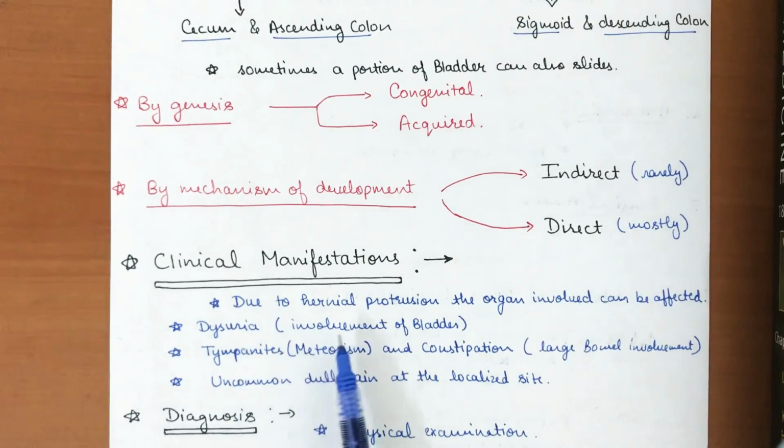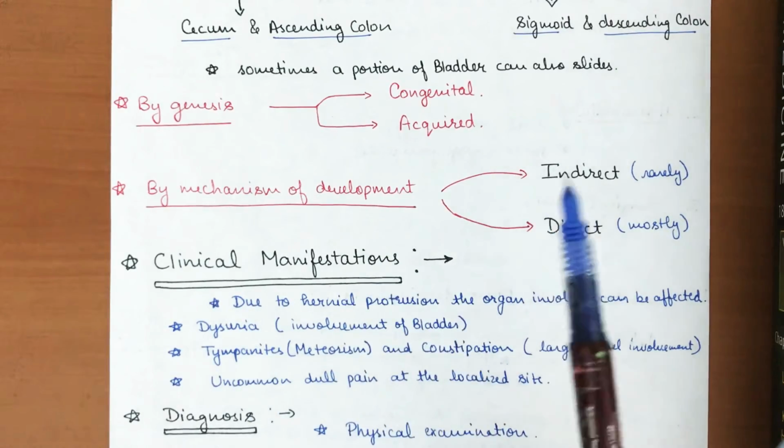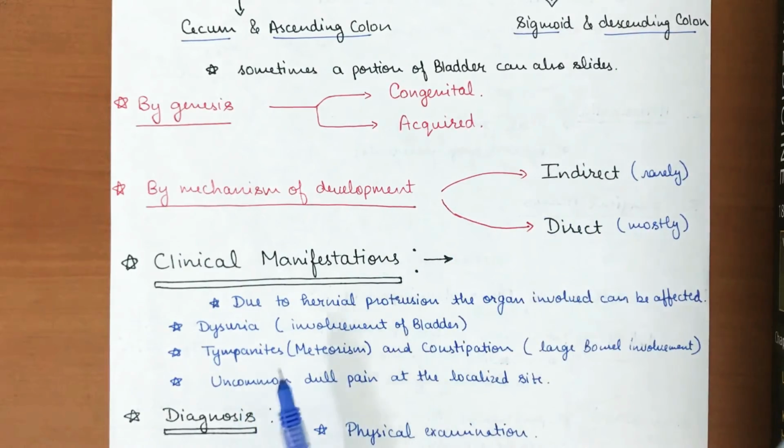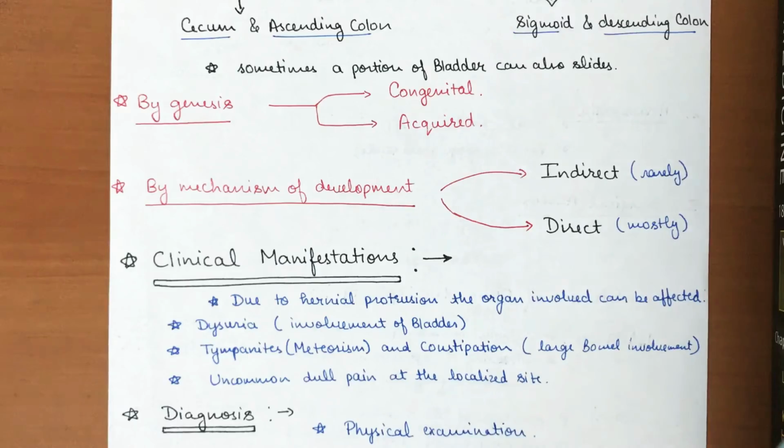Dysuria will be present in case of involvement of the bladder, so there will be painful or difficult urination. Tympanitis or meteorism, which is an increase of gas in the bowel, and constipation can be seen in case of large bowel involvement. Uncommonly, dull pain is also present at the localized site.